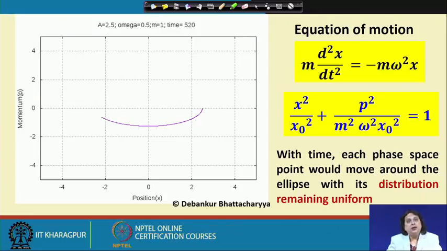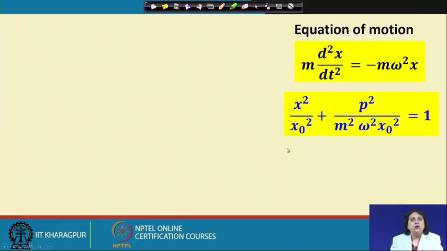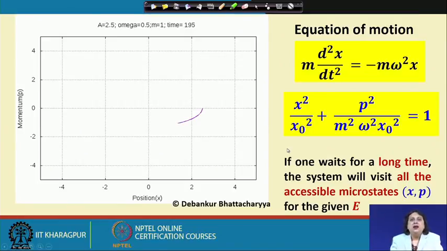By the initial condition we asked it to move in this direction, and it uniformly samples all the points that are present on this particular ellipse. We also note that if I wait for a long time, then the system in turn will visit all these accessible microstates for the given energy.